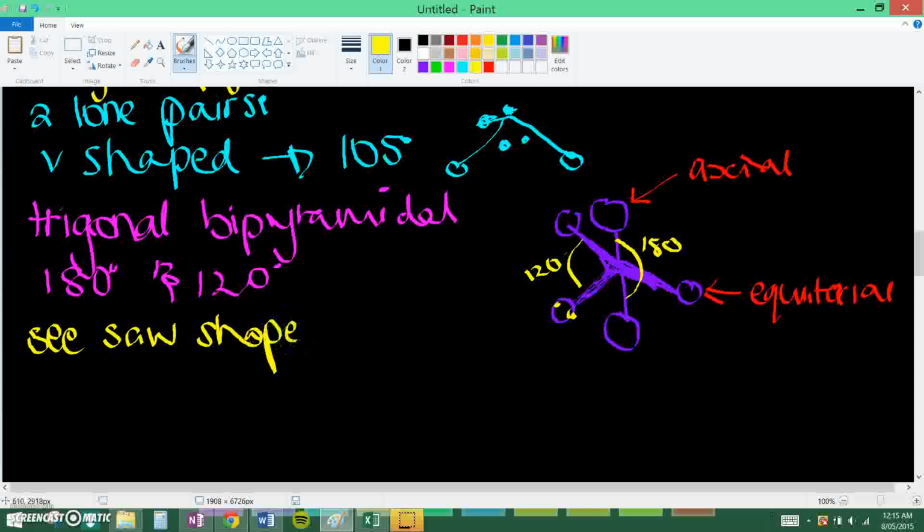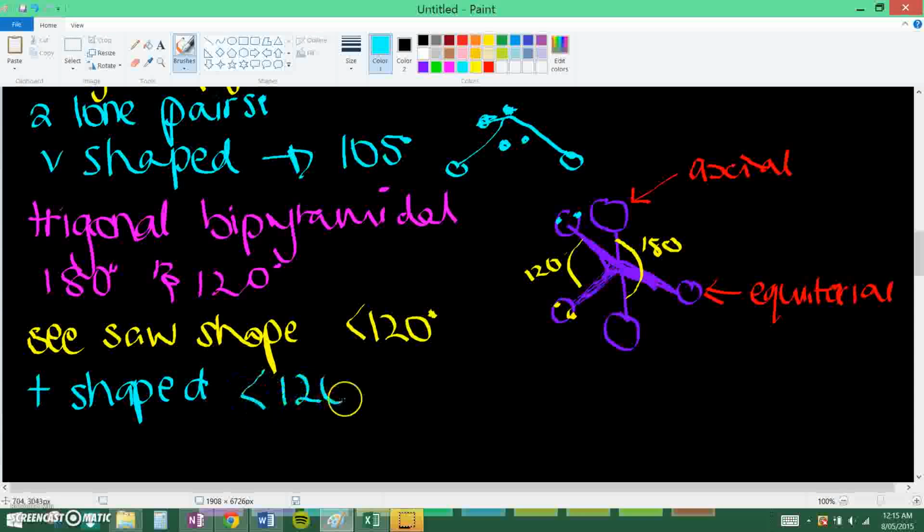And we just say that the angle is less than 120 degrees. If we add the second lone pair, it would be here, and that would make it T-shaped. We say that is again less than 120 degrees. As you can see, it forms a T.